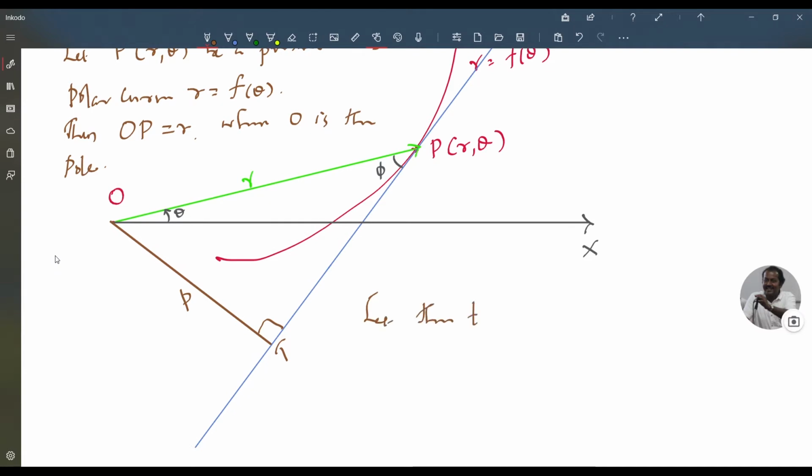Let the tangent at P make an angle phi with the radius vector.